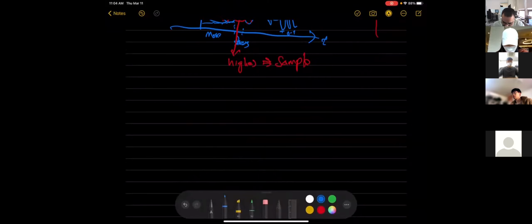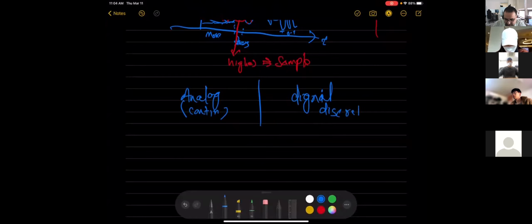So now let's again talk about the analog and digital signal. And here comes the continuous signal, which is with respect to time, and also the discrete signal.